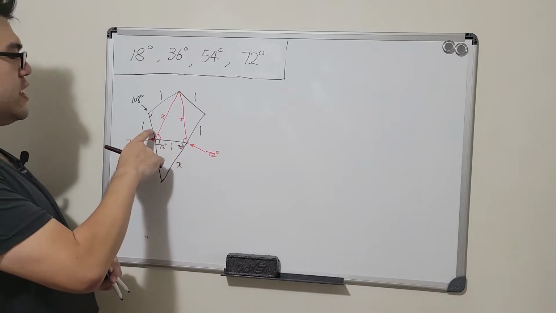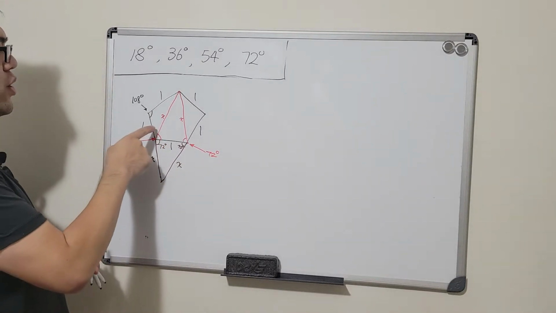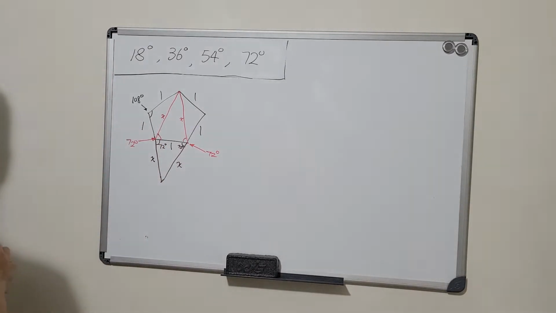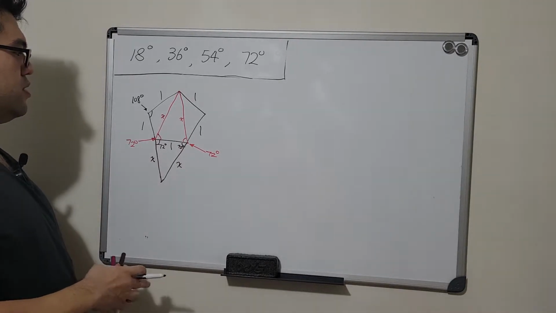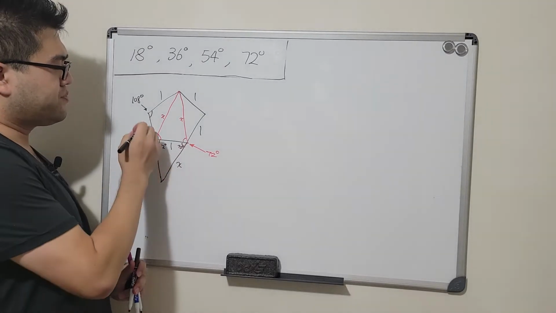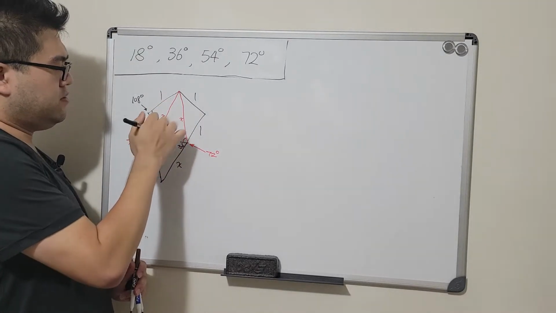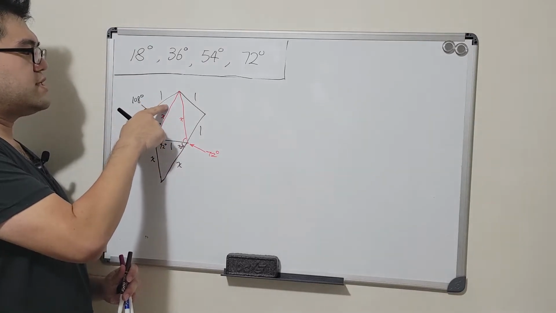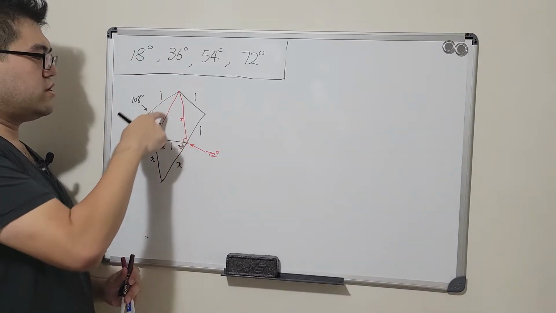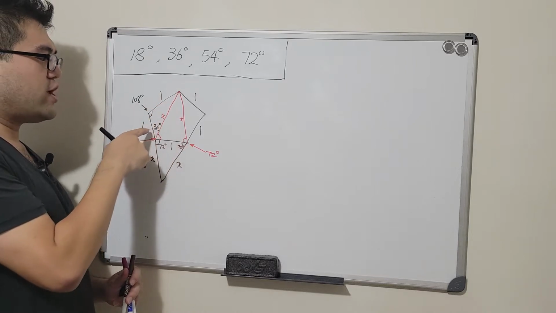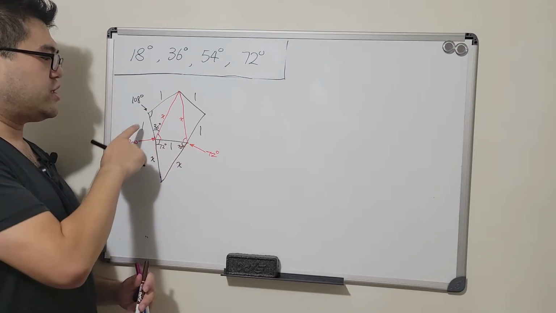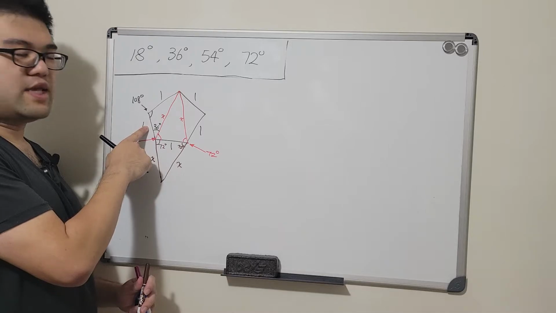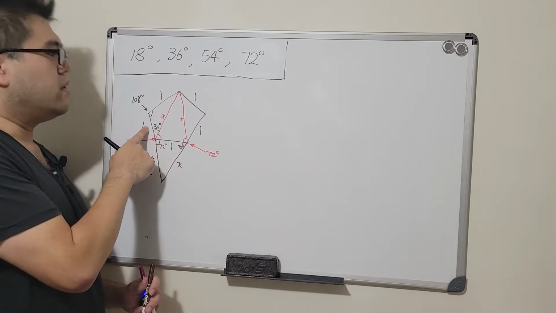Well, let's figure out what this angle is. This angle here is 36 degrees. And why is that the case? Notice that on the left hand side, this triangle is also isosceles because we have two sides that share the same length.